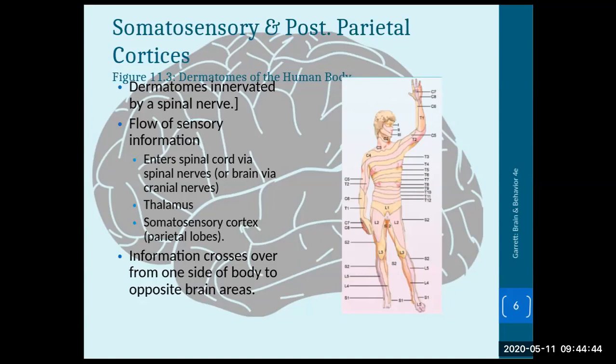Innervated by, I guess you'd say, tracts in this case, because it's in the central nervous system. So dermatomes correspond to each section that a nerve is connected to. And this helps us to understand the flow of sensory information.